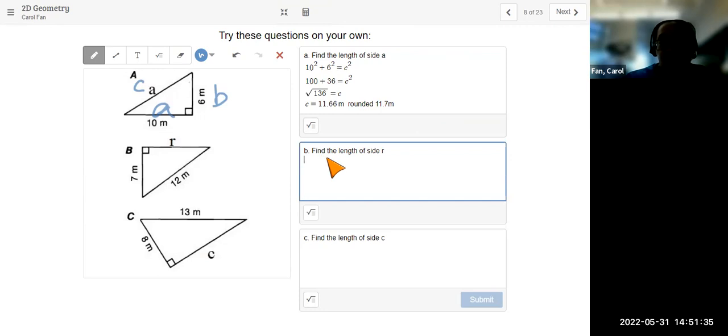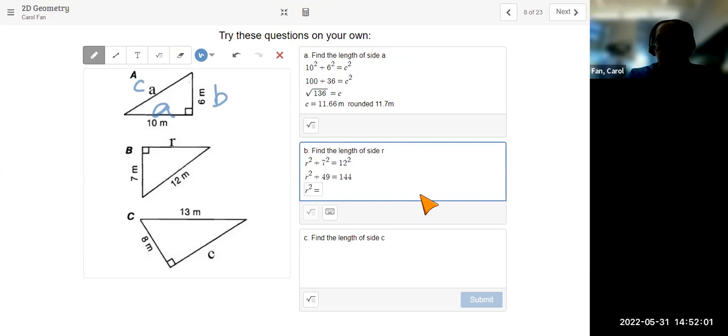Okay, next one, find the side length of R. R is the side touching the 90-degree angle. So we're going to put that as an A or a B. So I have R squared plus 7 squared equals 12 squared. R squared plus 49 equals 144.